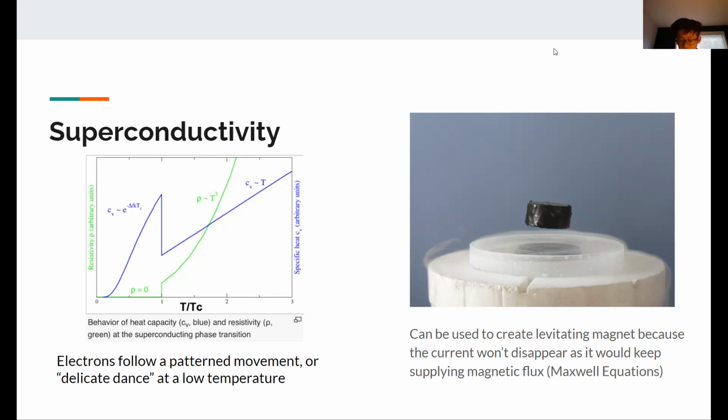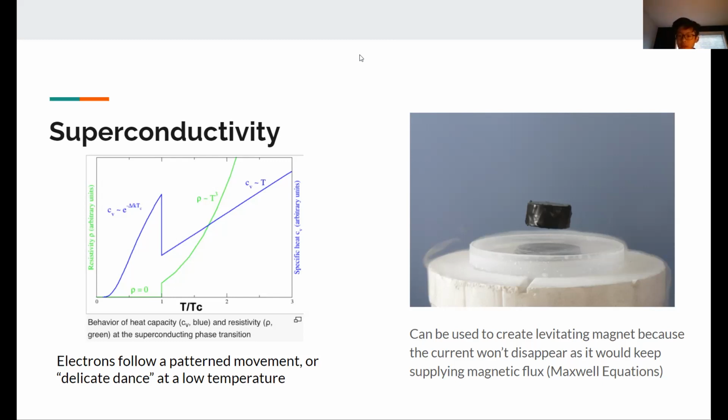And that's also what we talked about last time, the SQUID device, and that's basically how it behaves. And when the resistance disappears, if we have a metal like on the right, imagine the electrons keep running in it, and it'll follow the Maxwell equations.